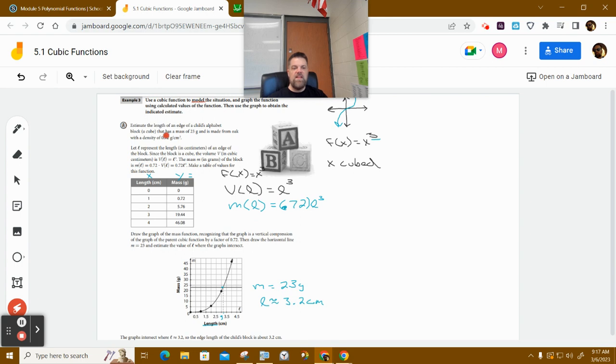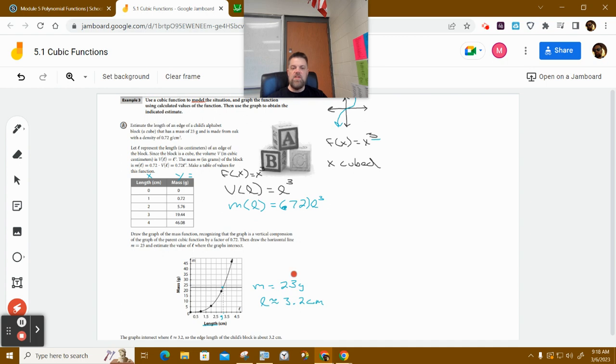They said, look, based on the density being 0.72 grams per centimeter cubed, they're working backwards. They want a block that weighs 23 grams, and they need to figure out how long the cube needs to be, right? And that's it.